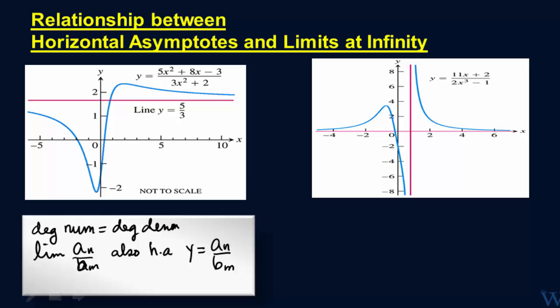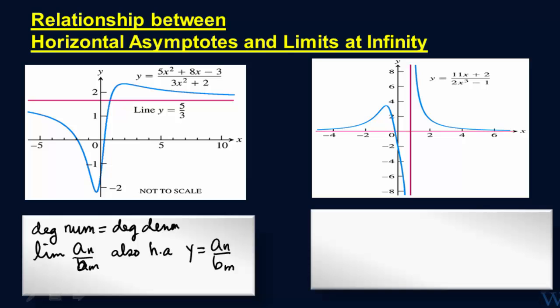Okay, in this case, a sub n is 5, b sub m is 3, so the horizontal asymptote is y is equal to 5/3. And on the right side, we have that the degree of the numerator is less than the degree of the denominator.